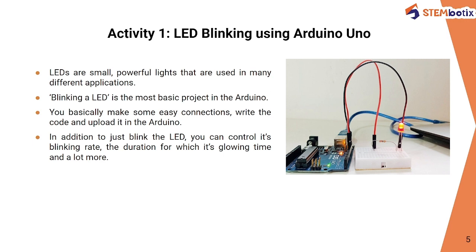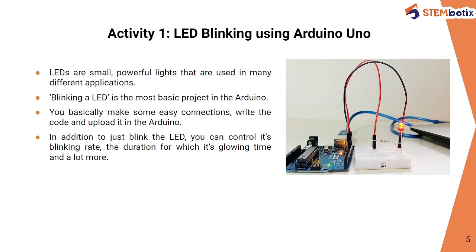In addition to just blinking the LED, you can control its blinking rate, meaning for how many seconds you want the LED on and for how many seconds you want it off. In the coding part, you can control that blinking rate, the duration for which it's glowing and the duration for which it's turned off.